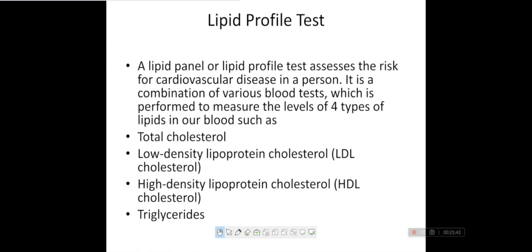Next is the lipid profile test. A lipid panel or lipid profile test assesses the risk of cardiovascular disease in a person.